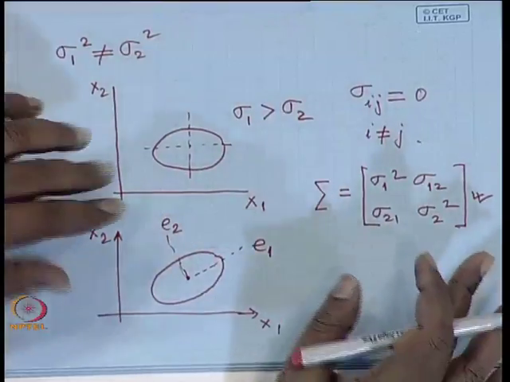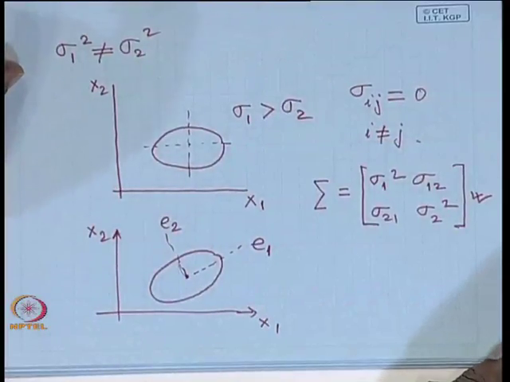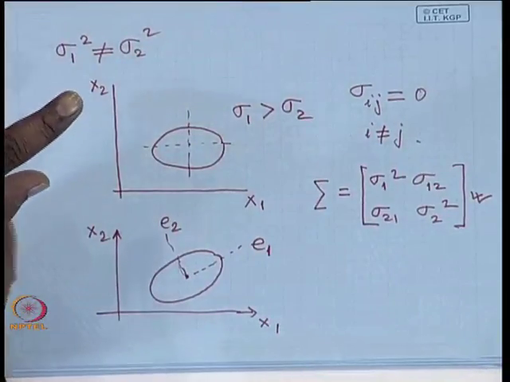Now, what happens in case of multivariate normal density? I have taken the example of bivariate normal density because up to 2 variables I can visualize. The moment I go from 2 variables to 3 variables, I will have 3 axes, one corresponding to x 1, one to x 2, one to x 3, and I have to have a fourth axis which corresponds to p x, the probability density function.